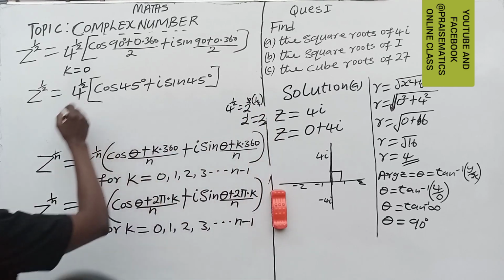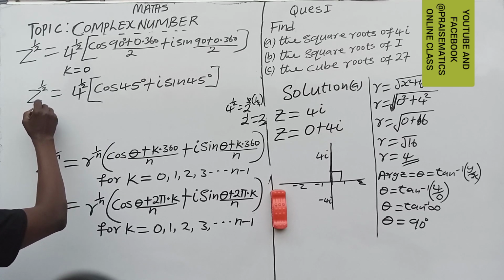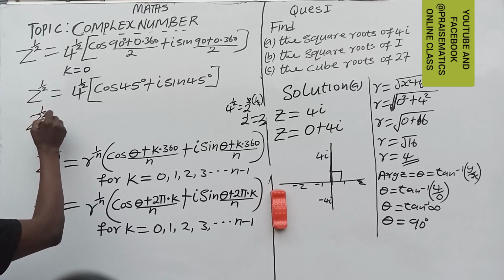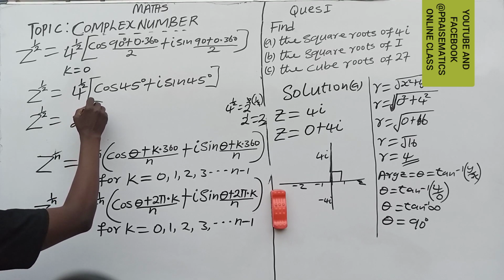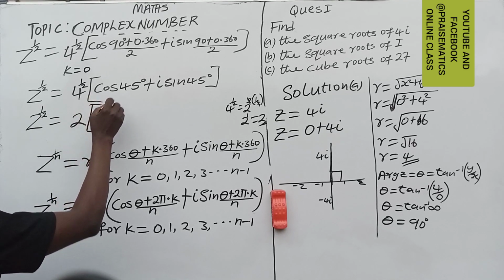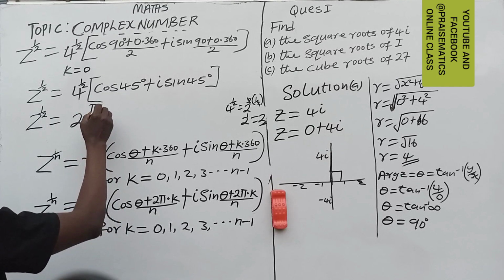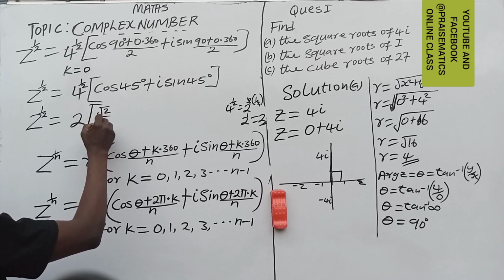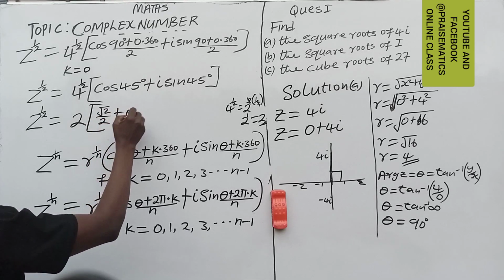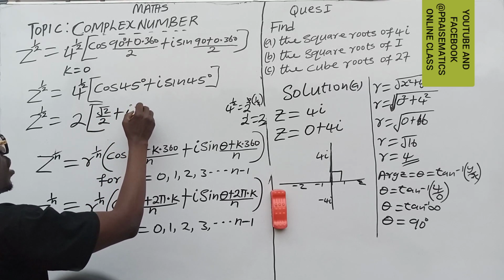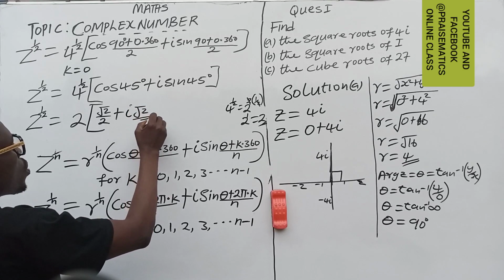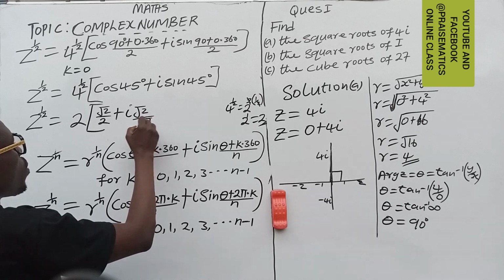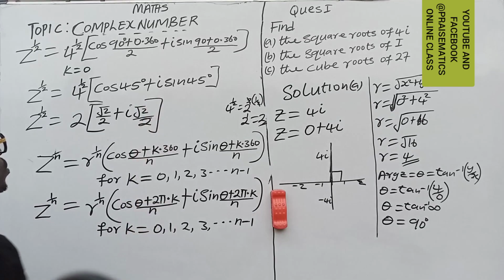So z to the power 1 over 2 is equal to 2 into cos 45 plus i sine 45. Cos 45 is root 2 over 2, and sine 45 is root 2 over 2.